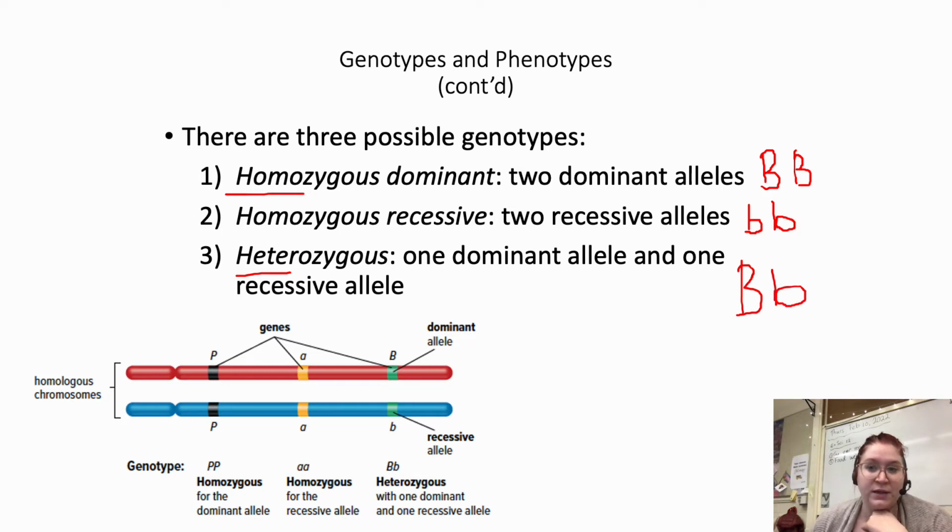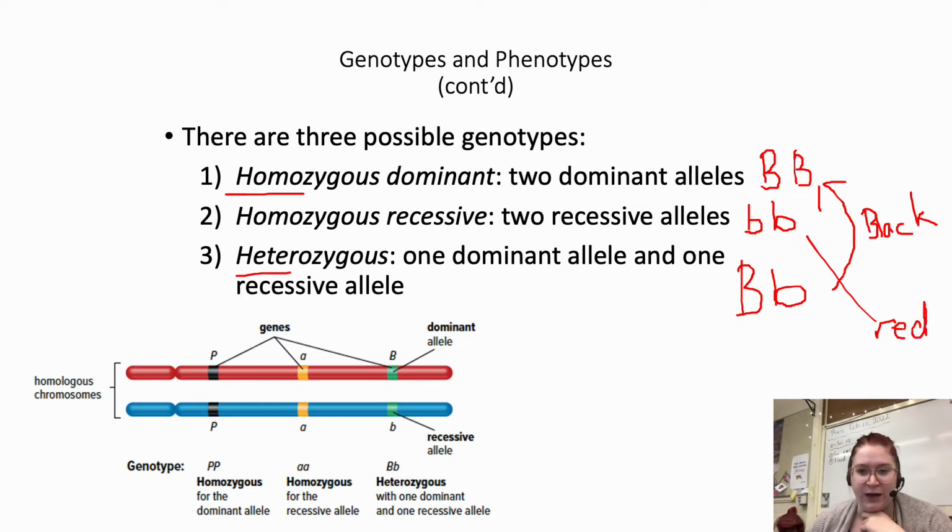Now, in the type of inheritance we're talking about now, the heterozygous one has the same phenotype as the homozygous dominant one. So both of these, in our horse example, would have black hair. Oh, it's hard to write using a mouse. And this one would have red hair. That's the phenotype.